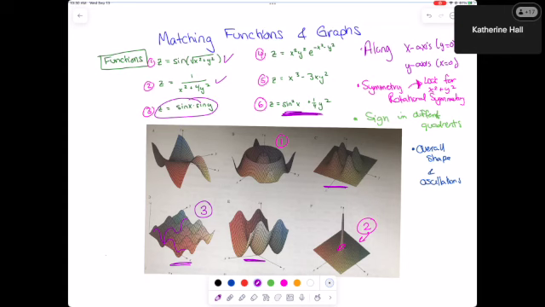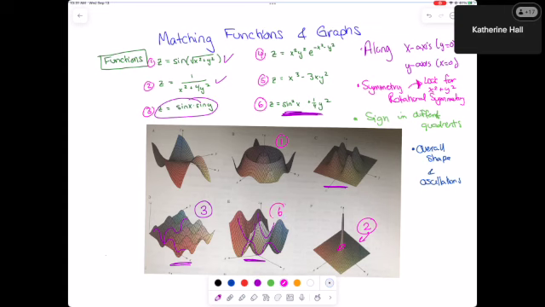And when y is constant, forget about the y term, the x should look like a sine squared. So I should be seeing some sines in one direction, and then I should be seeing parabolas in that other direction. Do we see how that looks like E there? Yeah, we okay with that one?